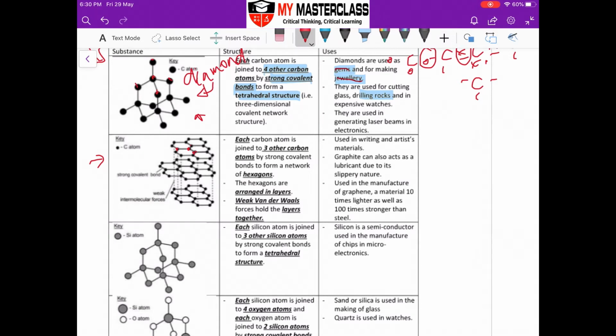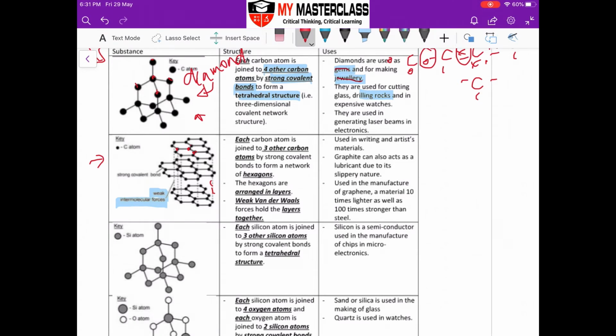The last electron is not used for covalent bonding, and it is delocalized between the layers. When it is delocalized between the layers, we say it has weak intermolecular forces of attraction. The dotted lines that you see are the weak intermolecular forces of attraction due to the delocalized valence electron that is not used in forming covalent bonds.